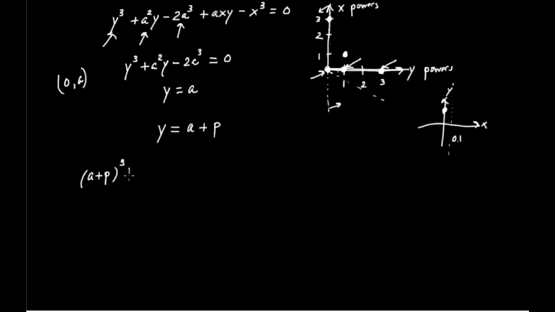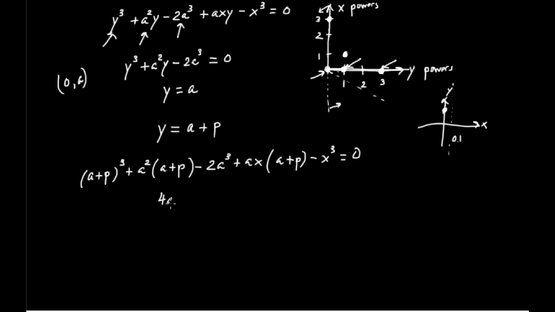(a + p)^3 + a^2(a + p) - 2a^3 + ax(a + p) - x^3 = 0. And now I won't bore you with doing all the distribution, all the simplification here.